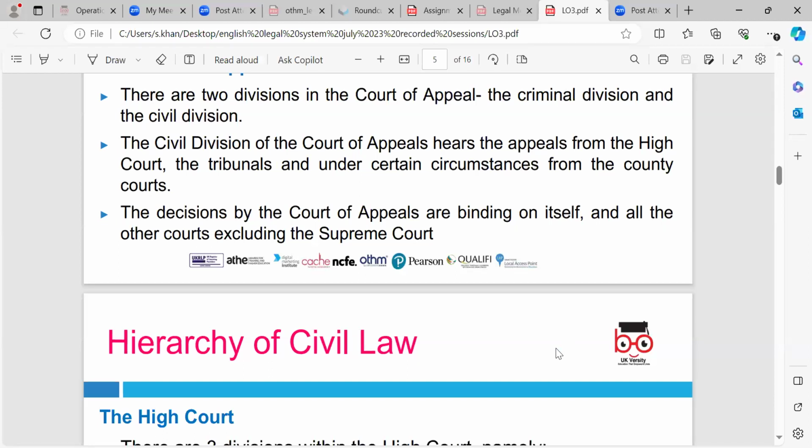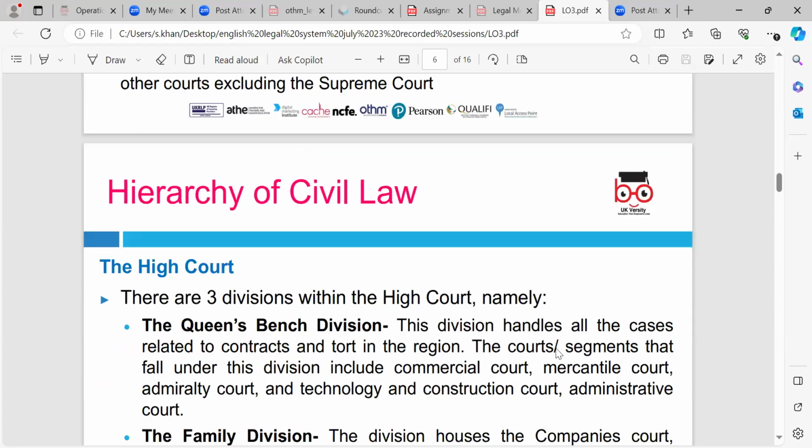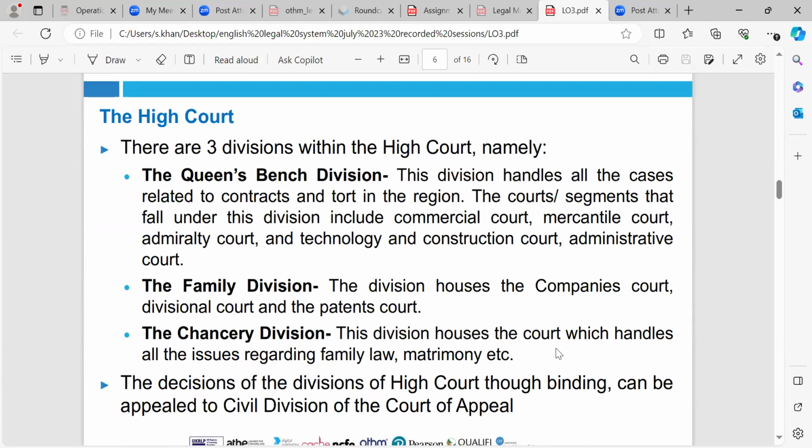Then we've got the High Court. There are three divisions within the High Court, and the High Court is the third highest court in the UK. It's based in London again, at the Royal Courts of Justice, but it has district registrars throughout England and Wales, where almost all High Court proceedings may be issued and heard.